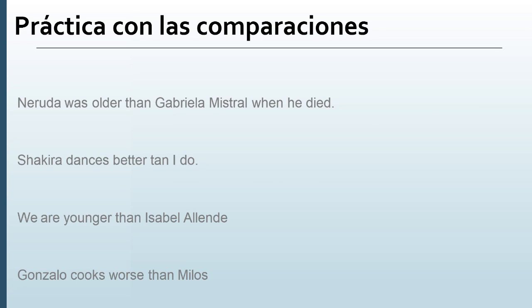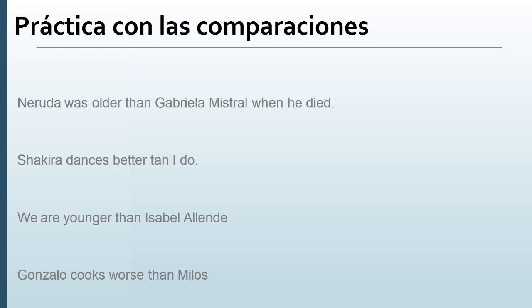Bien. Entonces, practica con esta estructura. So here you're going to practice with mejor, peor, mayor y menor. The only difference here is that we don't have más o menos. We just go right to mejor, o peor, o menor, o mayor. So, Neruda was older than Gabriela Mistral when he died.